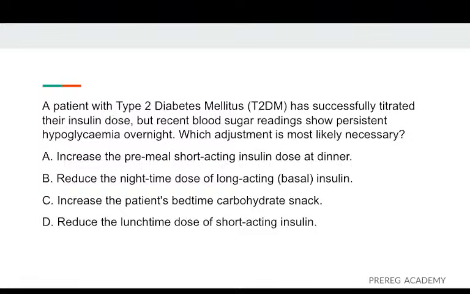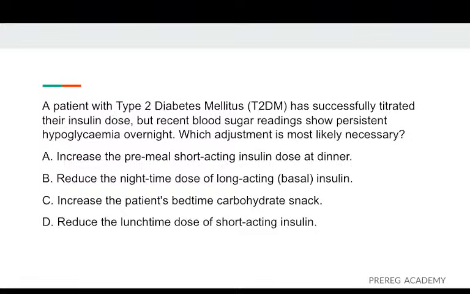If the patient has hyperglycemia after meals, we're going to work on the bolus insulin. Now, is it going to be increased or reduced if it's hyper? If it's hyper, we're going to increase. Yes, thanks guys. So if the blood sugar after meals is high, we're going to increase the bolus dose.